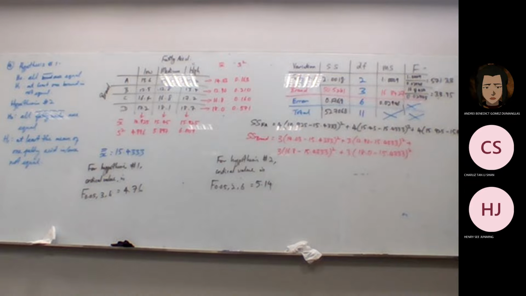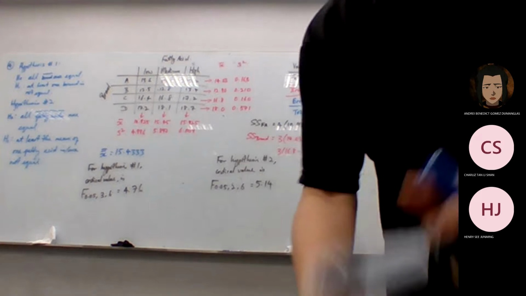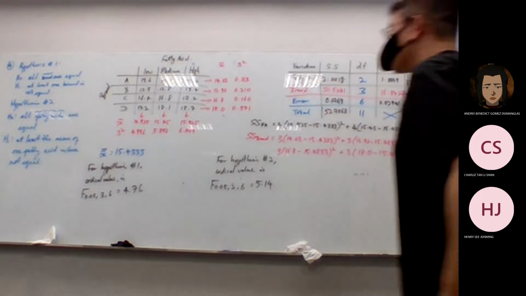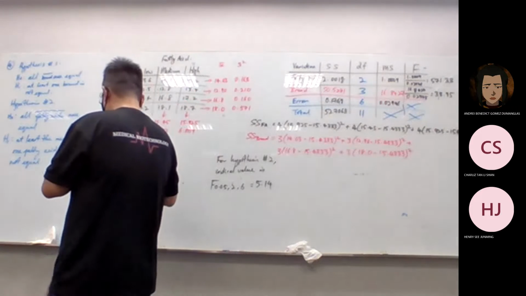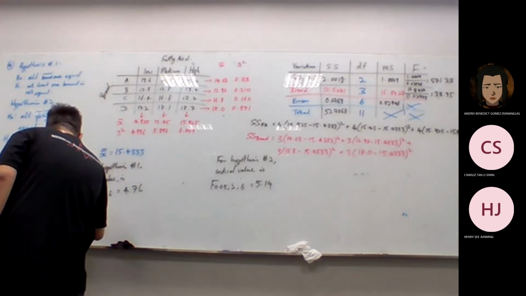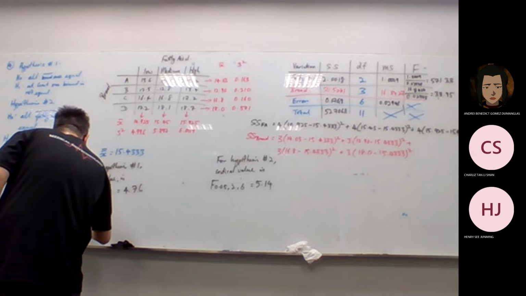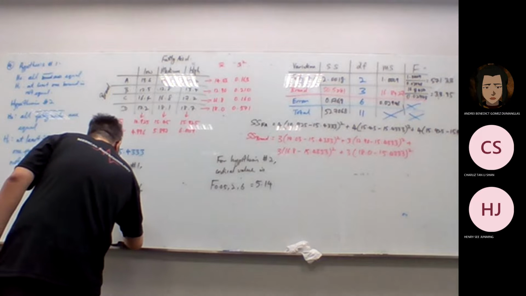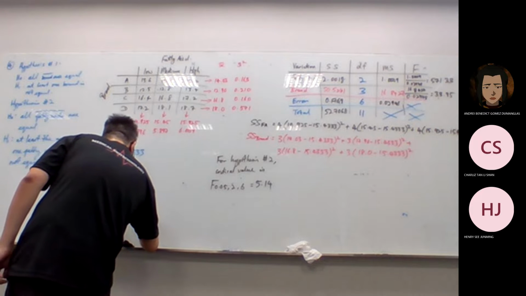So in both cases, you reject the null hypothesis. So in this case, say that since your F is more than your F critical, you reject your null hypothesis.